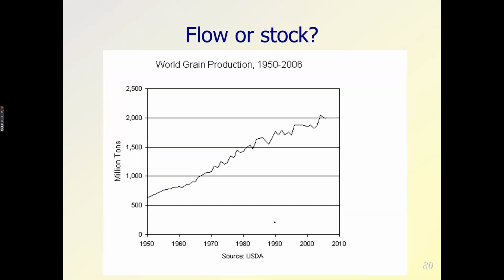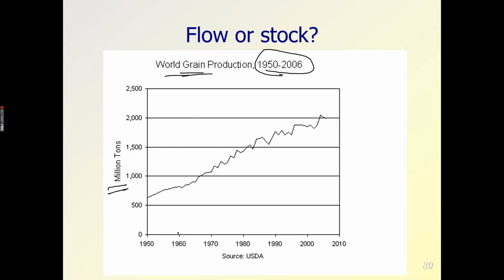So that being said, look at this graph. What do you think this is, a flow or a stock graph? You may say, let's look at what we are measuring. And the reason I want to point this out is that the way we read graphs is very important in economics. We need to know what we are measuring in the y-axis and in the x-axis. In this case, we're looking at millions of tons of wheat or grain produced between these years.